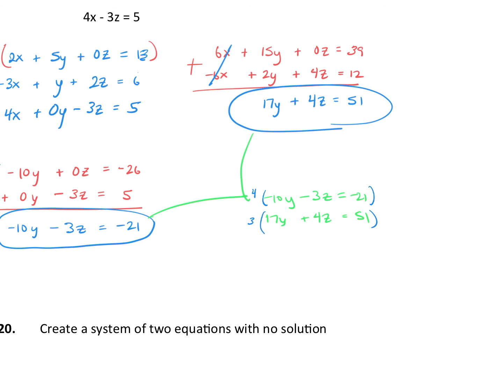So I multiply the 4 through the top equation. We have negative 40y minus 12z equals negative 84. We're going to multiply 3 through the bottom equation. 3 times 17y is 51y. 3 times 4z is 12z.